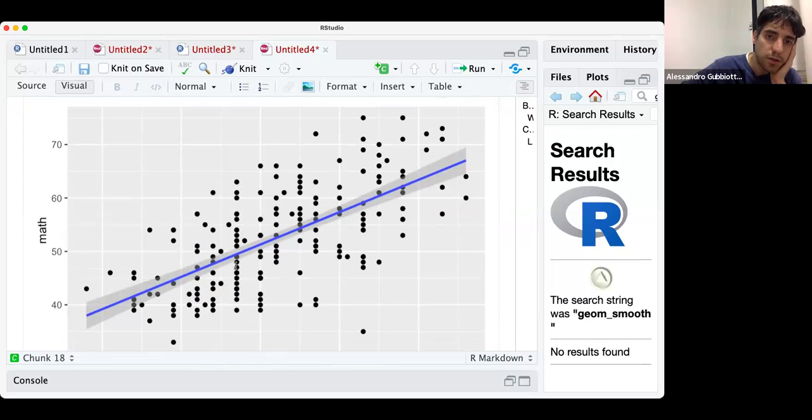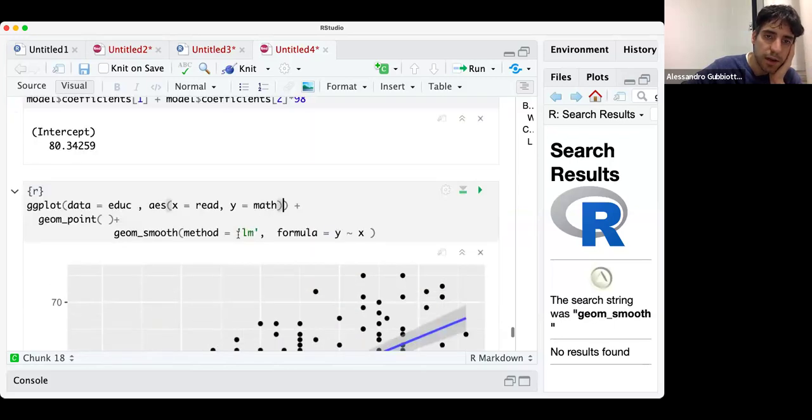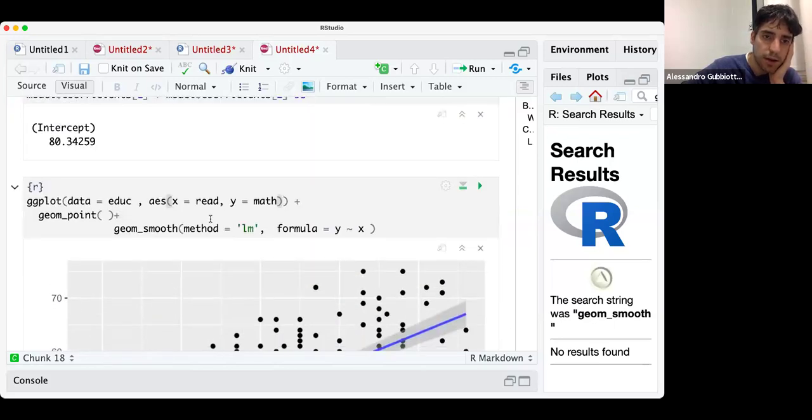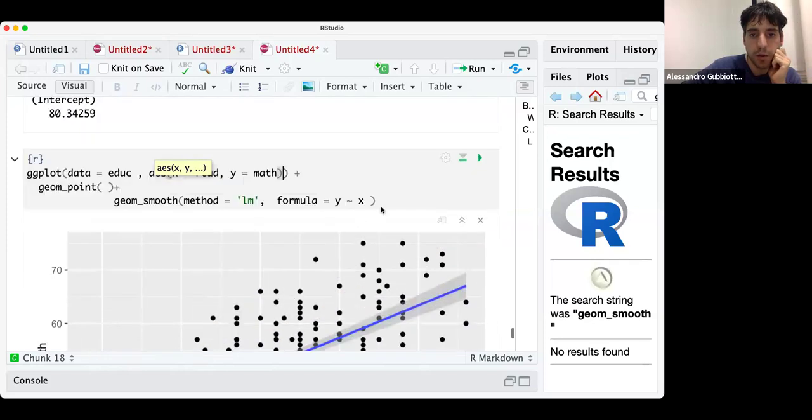So yes, you see that this gives me the regression line. So I can compute the residuals.